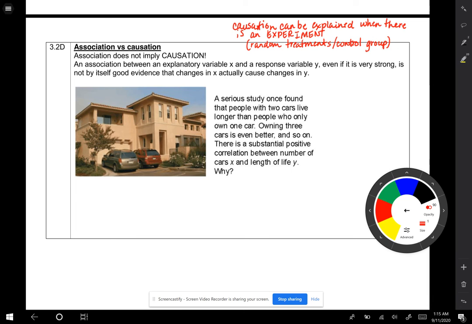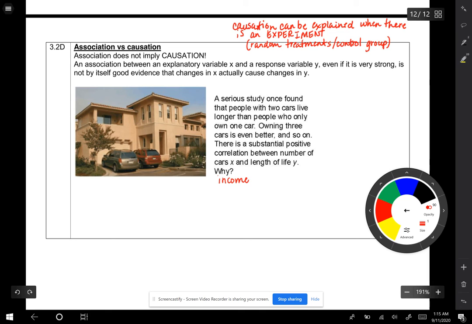A serious study once found that people with 2 cars live longer than people who only own 1 car. Owning 3 cars is even better, and so on. There is a substantial positive correlation between number of cars X and length of life Y. Why? Well, if we think about it, there's income that's involved.